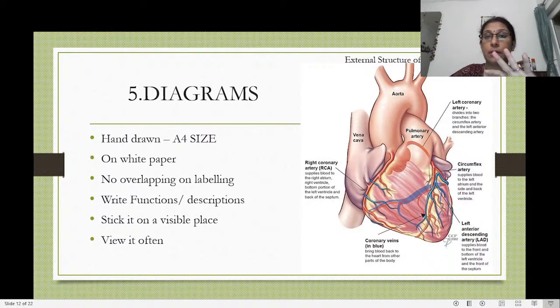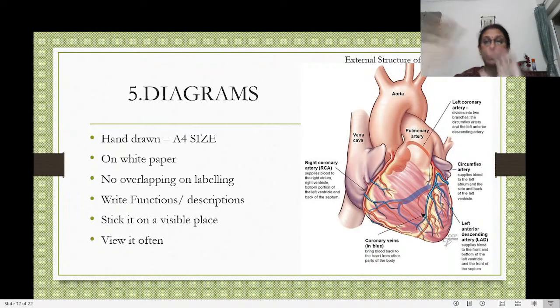But what I'm talking about is how you actually learn to remember the diagram and the associated material along with it. Along with the label, write a little bit about the part, maybe its functions or its characteristics or whatever other points you have.